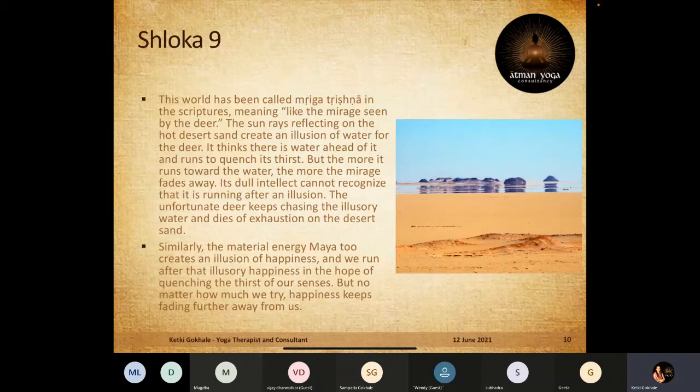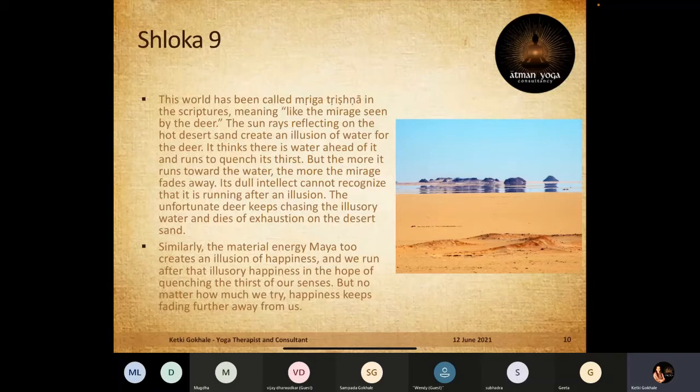This word, we'll look into its explanation, same shloka. This word has been called Mruga in the scriptures, in the Shastras, meaning like the mirage seen by the deer. The sun rays reflecting on the hot desert sand create an illusion of water, for it thinks there is water ahead of it and runs to quench its thirst.